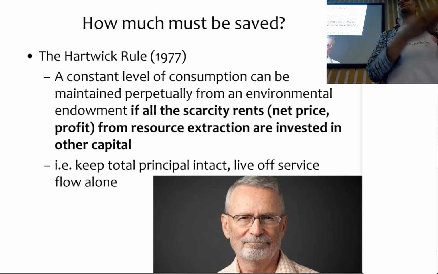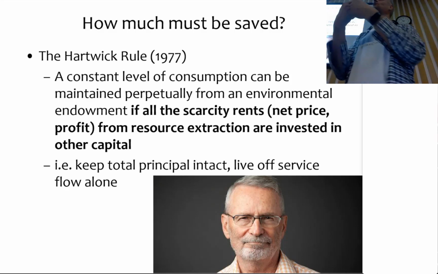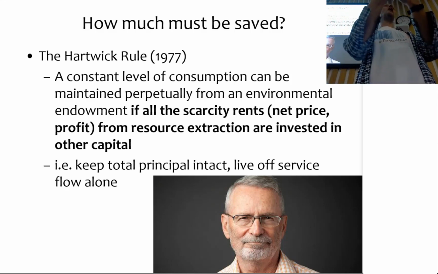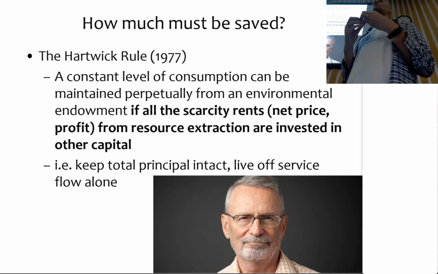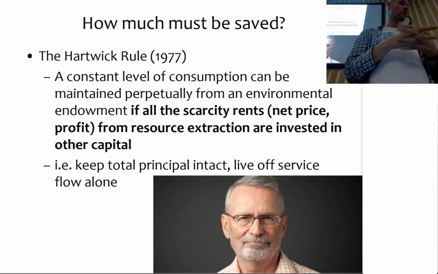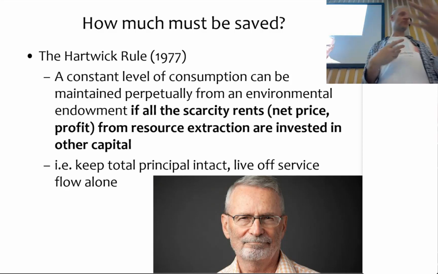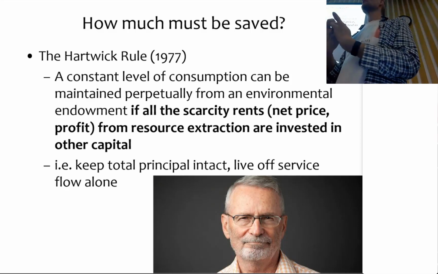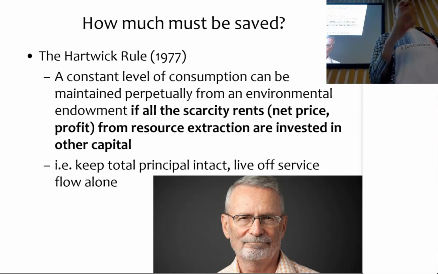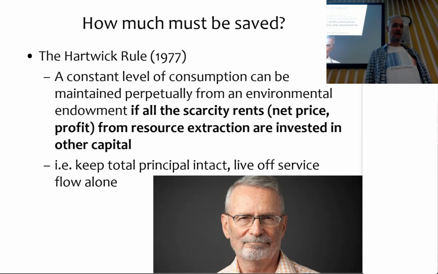We should not use those profits to consume, but we should use those profits to invest in other forms of capital, so that the total capital stock, natural and human-made, stays intact. Or in other words, we should live off the service flow, we should live off the interest, but we should maintain the principal, right? That is essentially the Hartwick Rule.